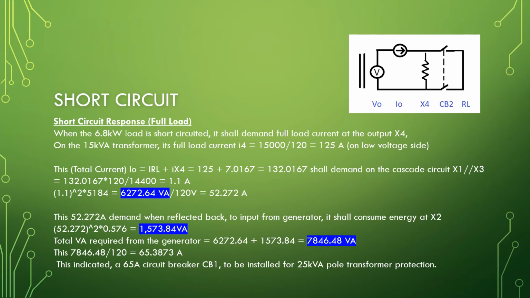This 7,846.48 VA divided by 120 volt equal to 65.3873 ampere. This indicated a 65 ampere circuit breaker CB1 shall be installed for 25 kVA pole transformer protection.